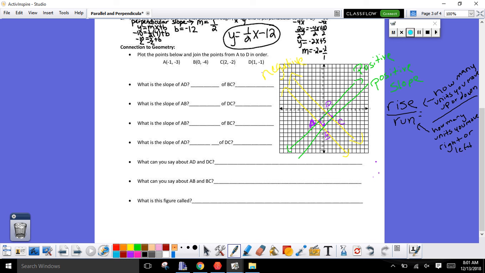Okay, so if I'm looking first for the slope of AD, I'm going to start here and go here, so I'm going to count how many units I moved up and down.